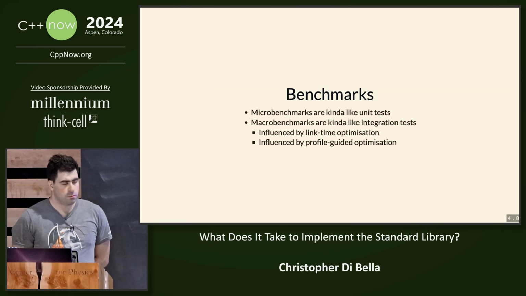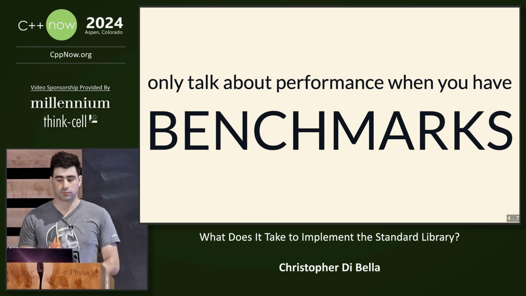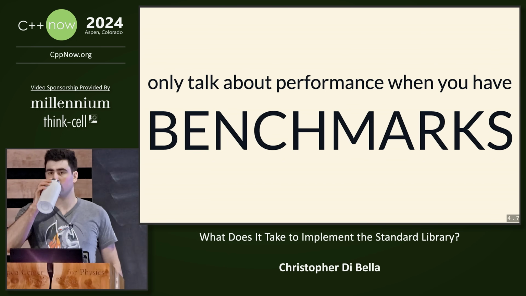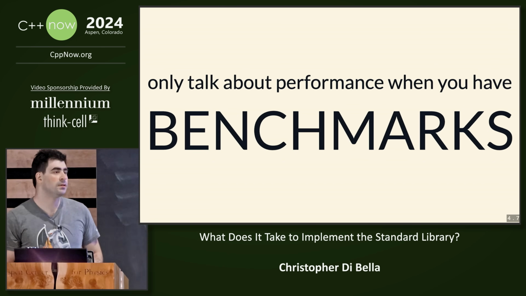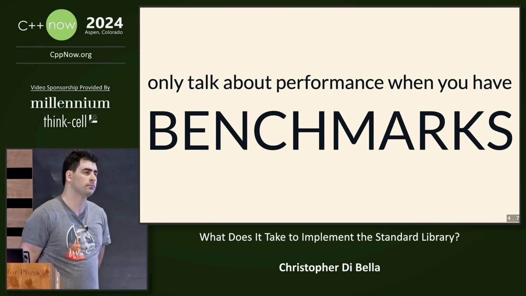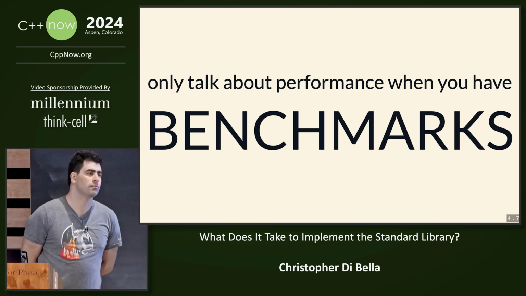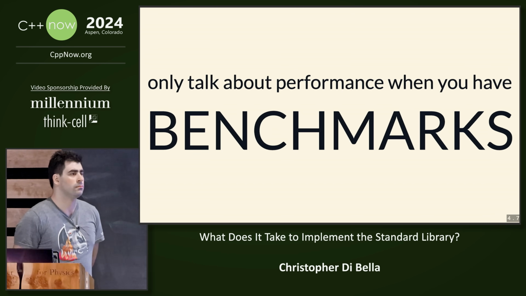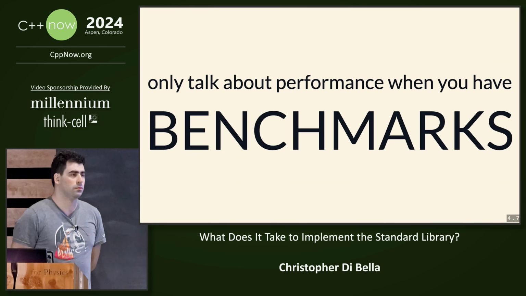And so we should probably take a question. So when you're benchmarking against one version of the compiler, yeah, and this version of the compiler has a set of optimizations that it does, this benchmark might not be true anymore when a new version of the compiler gets a new set of optimizations.